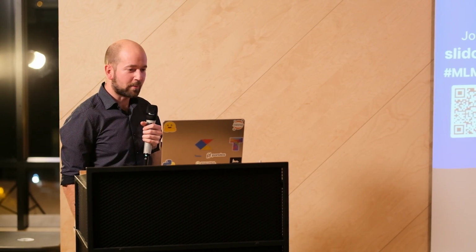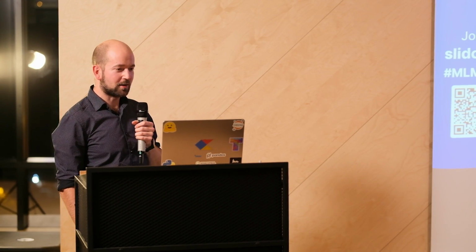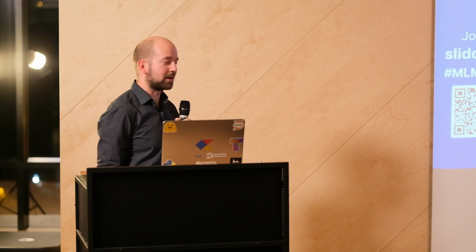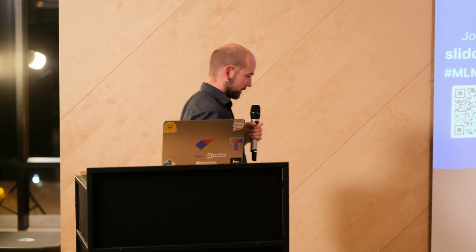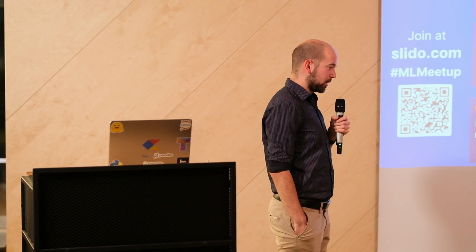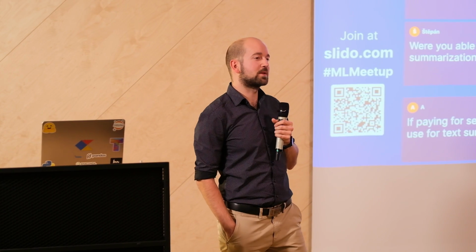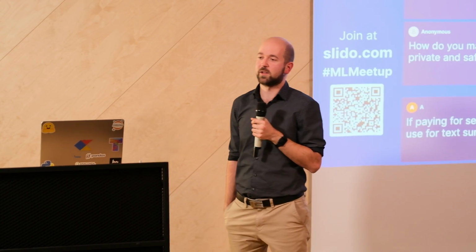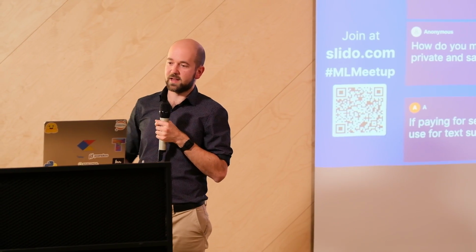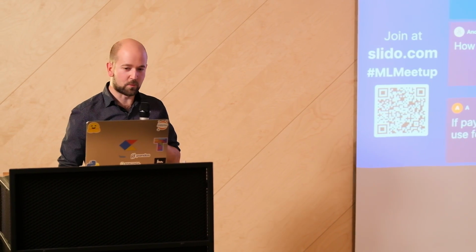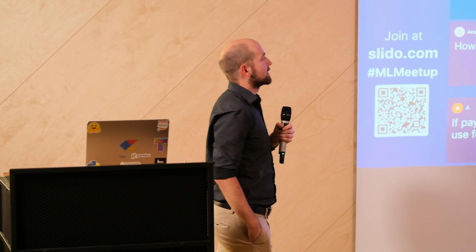How do you manage to process data from your customers in a private and safe way, considering third-party large language models? That was one of the main problems our customers had with large language models. They were not happy as, for example, OpenAI had some data leaks and so on.